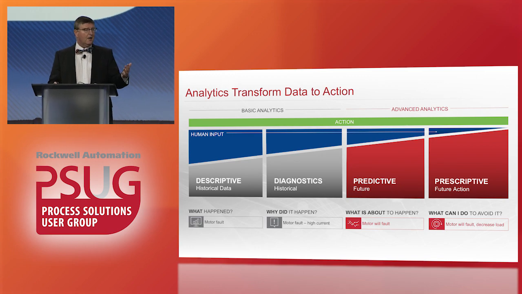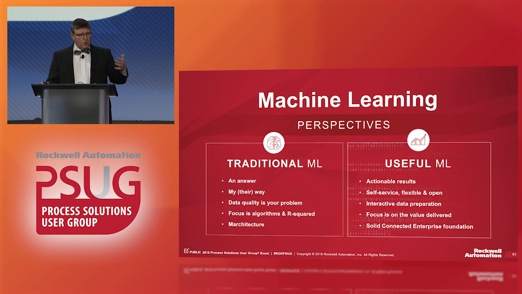And so one of our strategies for advanced analytics in the roadmap is making advanced analytics more actionable, closer to the action. And so that is one of our focuses. And that's fairly different than what you'll see in the machine learning marketplace in general, right? Rockwell's looking at our history and understanding about taking mathematical models and applying them in manufacturing and saying, all right, let's get closer to that action, right?